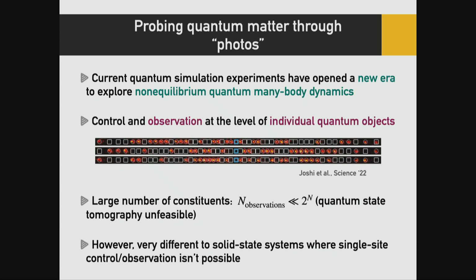So an approach like full quantum state tomography is just out of the game for a system like that. On the other hand, having this kind of single-site resolution also makes them very special compared to other many-body systems like solid-state materials, where of course we don't have this level of resolution.